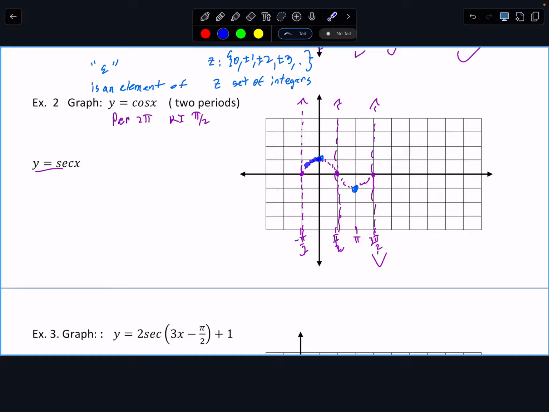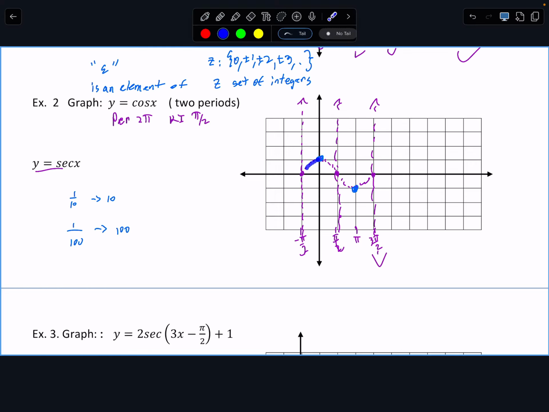And so as I'm going to here, the reason why secant goes to positive infinity is because those values are getting closer and closer to 0. And if you have, say, 1/10, the reciprocal of that is going to be 10. And if you have 1/100th, the reciprocal of that's going to be 100, et cetera.